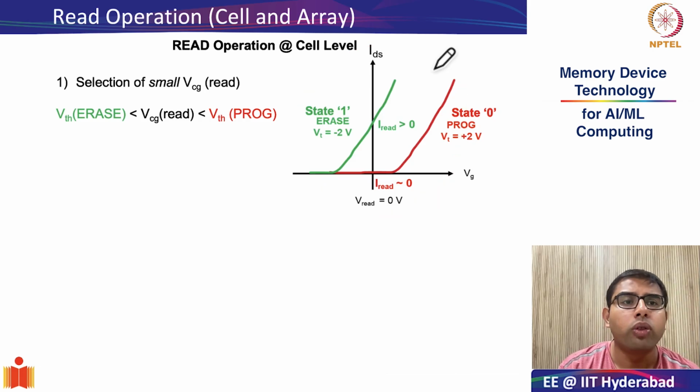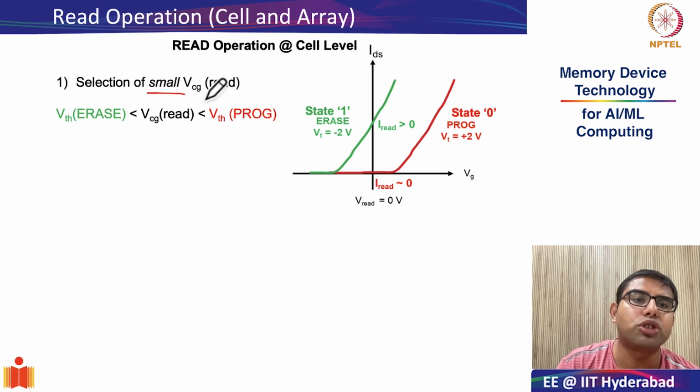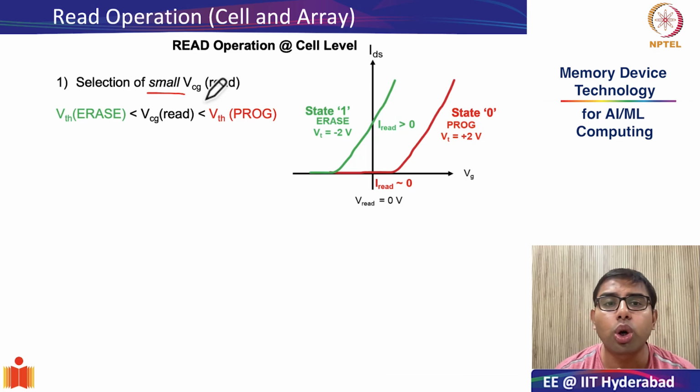Okay, so the first step of doing the read operation is to apply a very tiny control gate voltage, which is also called the read voltage. We read at the control gate. So what do you mean by applying a small voltage at the control gate?